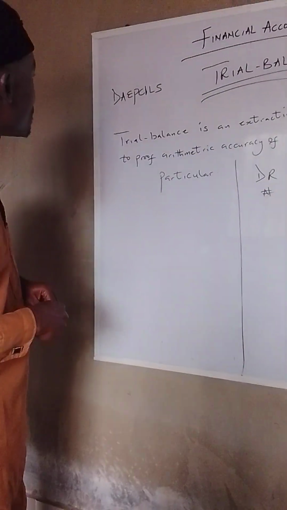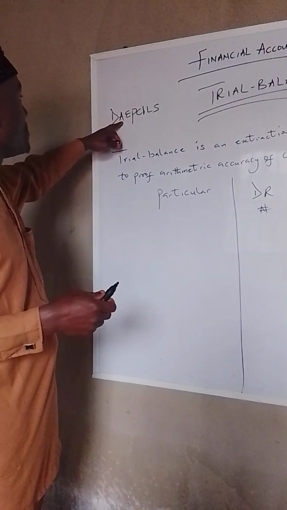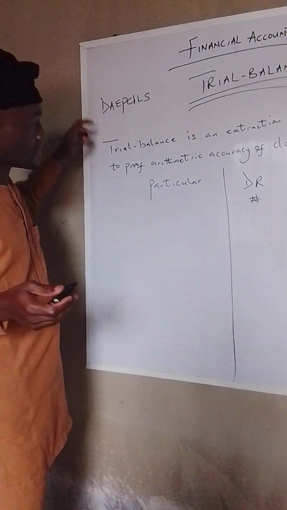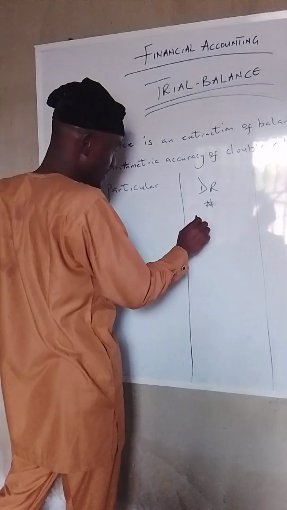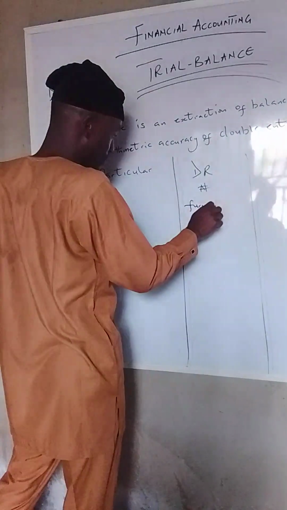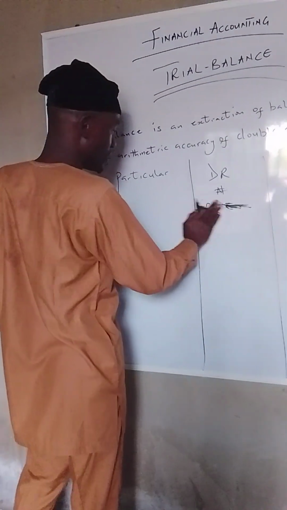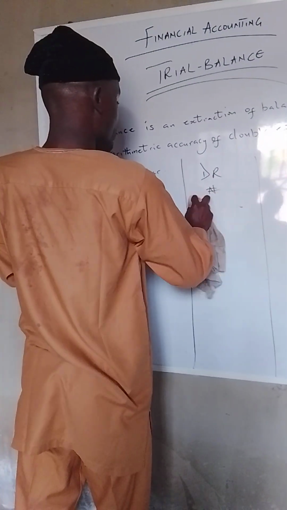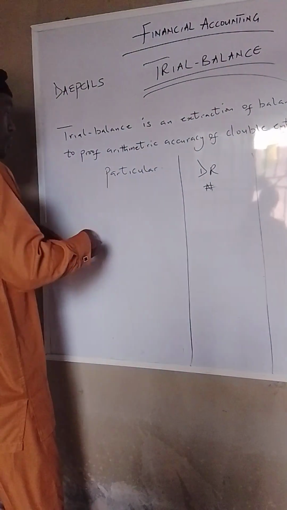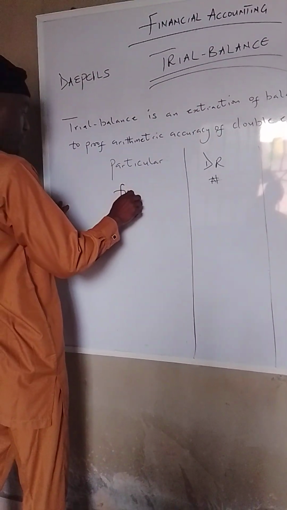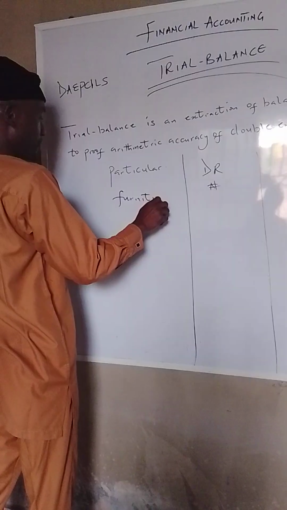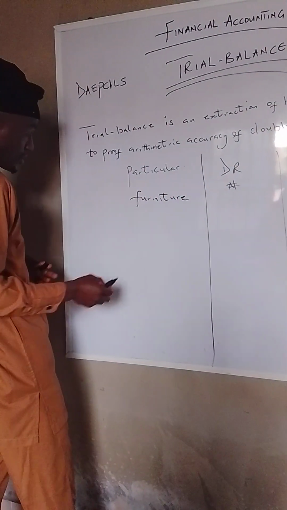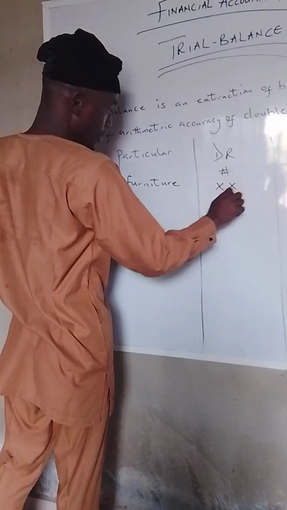Now, having known this, we say debit asset. An example of an asset is furniture. Furniture is an asset. Let me put it in this way, sorry. I'm just trying to explain. I will not be putting figures there.